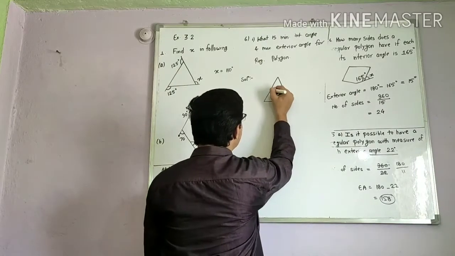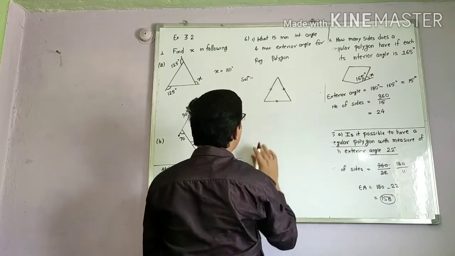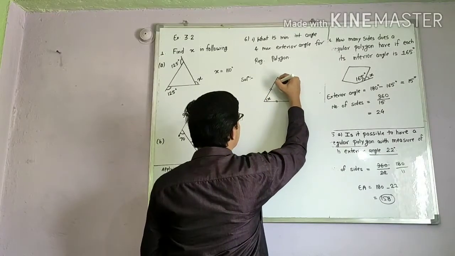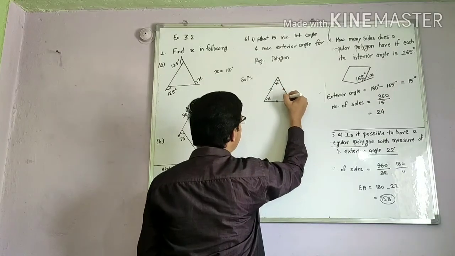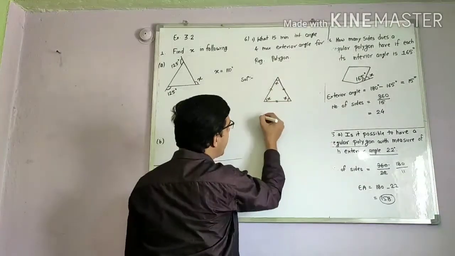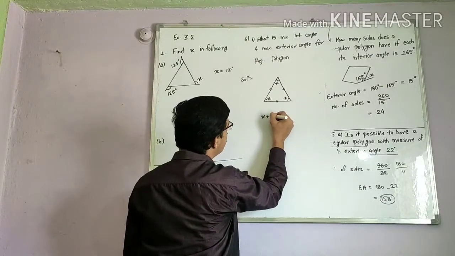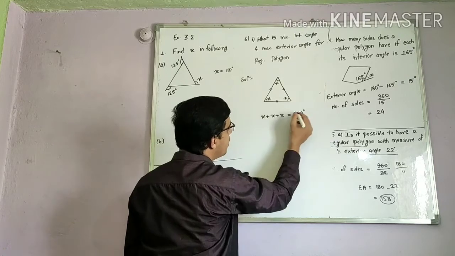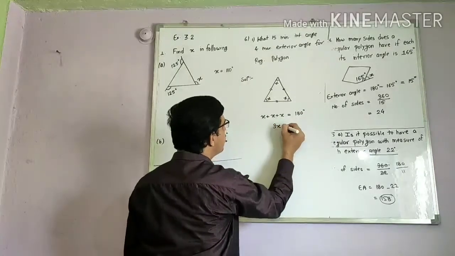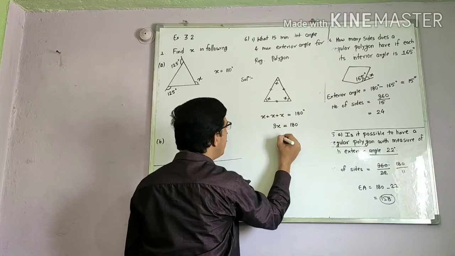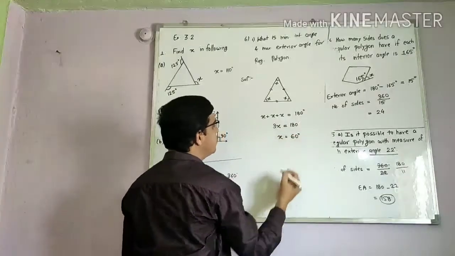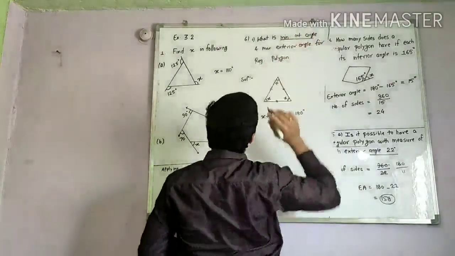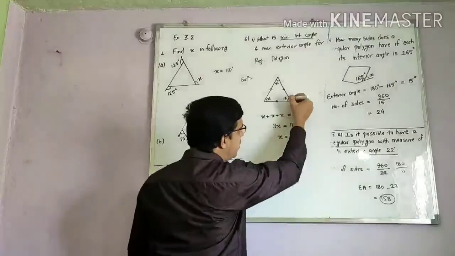Equilateral triangle means this side and this side are equal. So suppose this angle is x, this angle is also x, and this angle is also x. Then we know that by angle sum property, x plus x plus x is equal to 180 degrees. Sum of three angles of a triangle is 180. So 3x is equal to 180, so x is equal to 60 degree. So minimum interior angle possible is 60 degree.